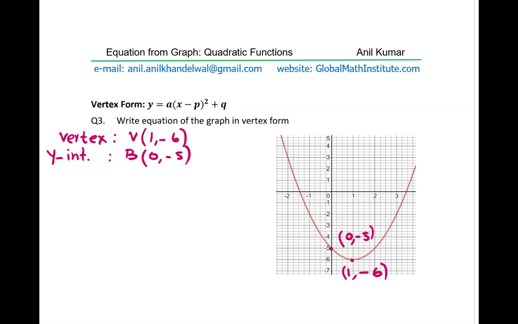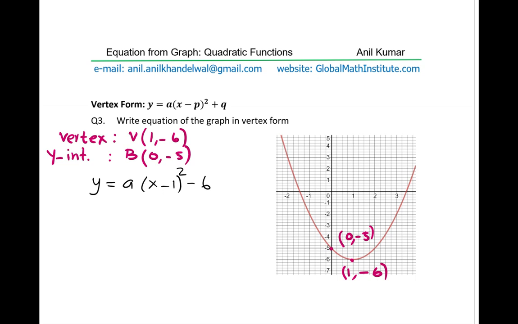Since we know the vertex, we can straight away write down the equation as y equals a times (x minus 1) whole squared minus 6. Perfect. To find the value of a, we can use the y-intercept.